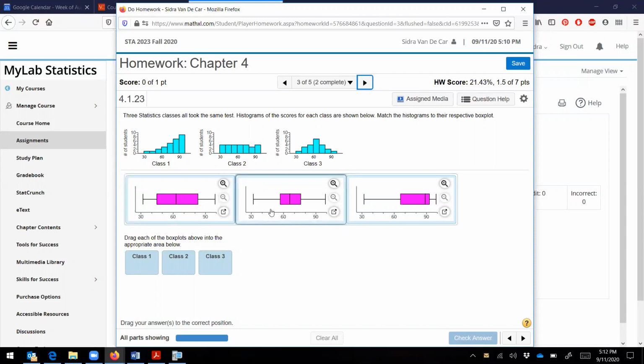Now, notice that if we look at the differences between these, our median value here is close to 60. The median value here, a little bit higher than that same value.